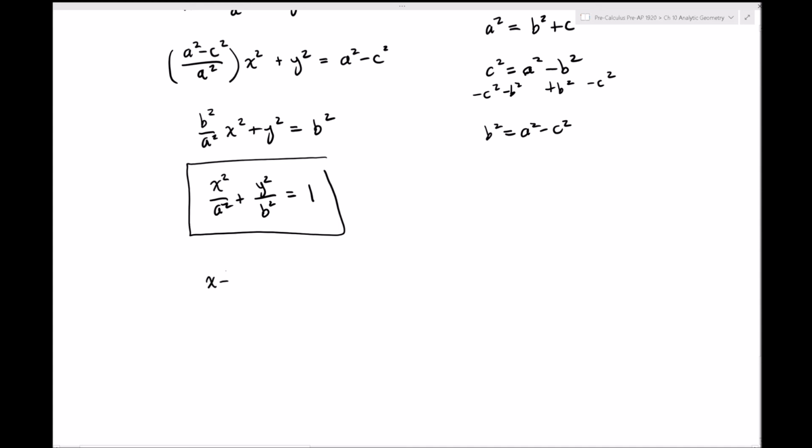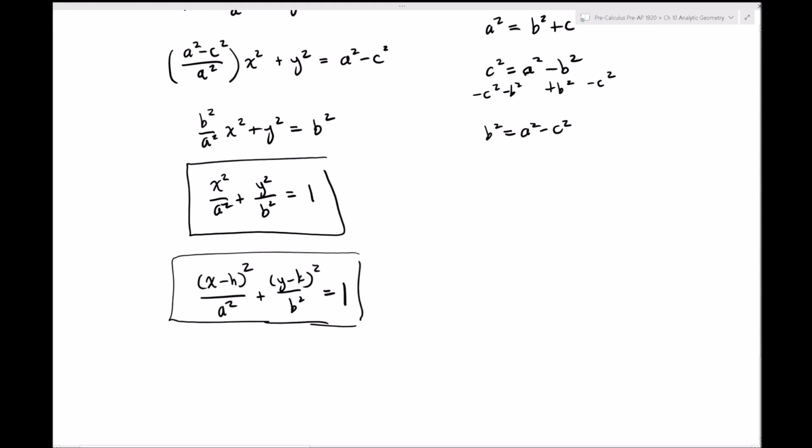So it's (x minus h) quantity squared over a squared plus, actually not y squared, (y minus k) squared over b squared is equal to 1. And this is our standard form for the equation of an ellipse with center coordinates h comma k. And that'll be it for this video.